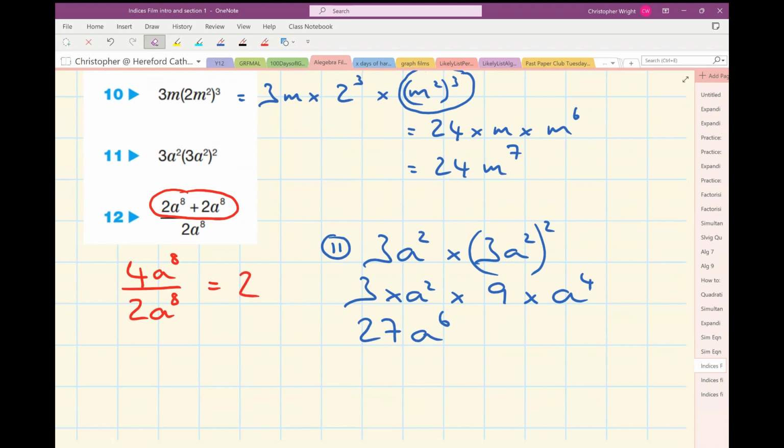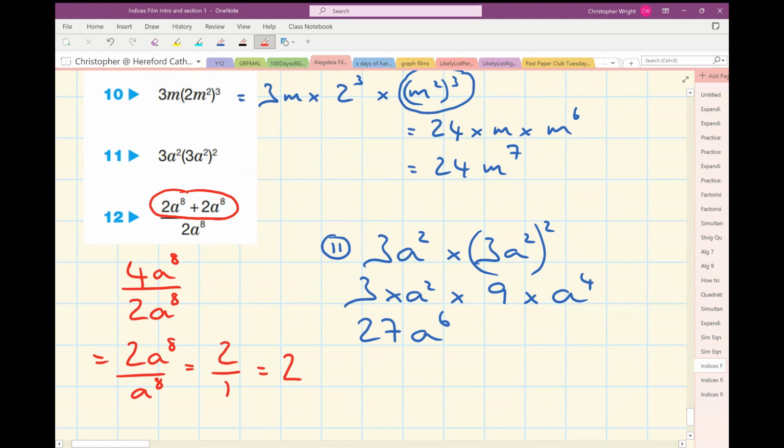Or you might instead decide to cancel this as if it was a fraction. You can divide top and bottom by 2, gives you 2a to the 8 over a to the 8. And now you can divide top and bottom by a to the 8, gives you 2 over 1, which is 2. So that's my number 12.